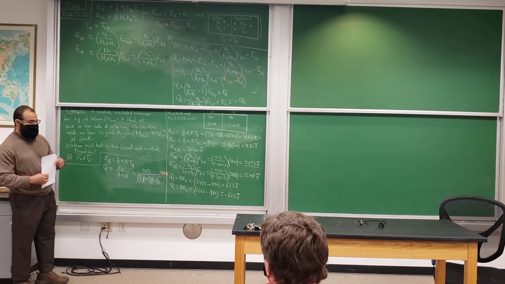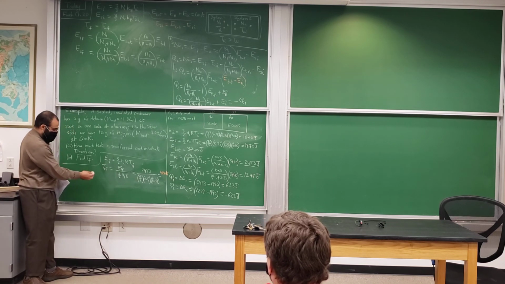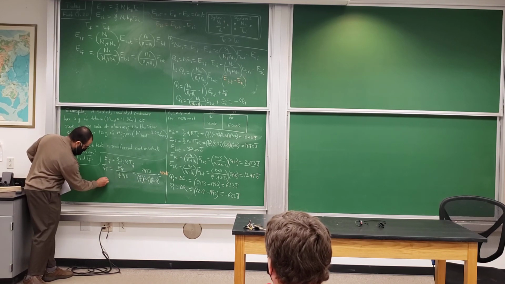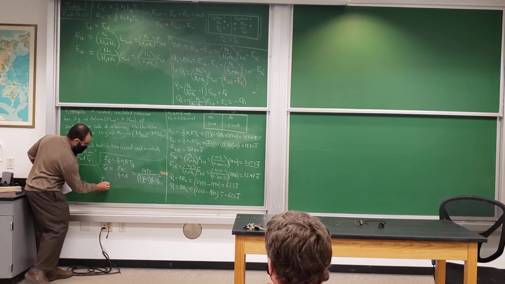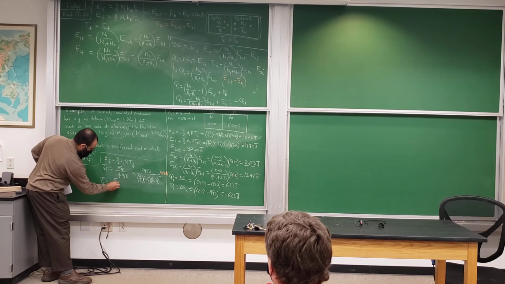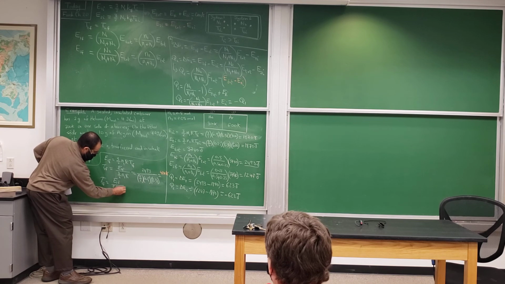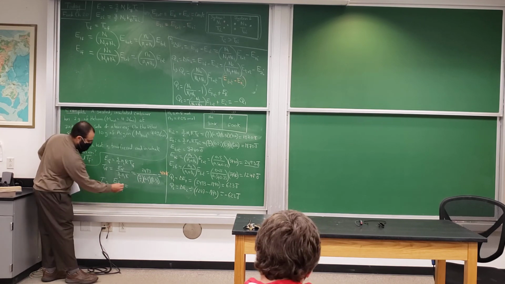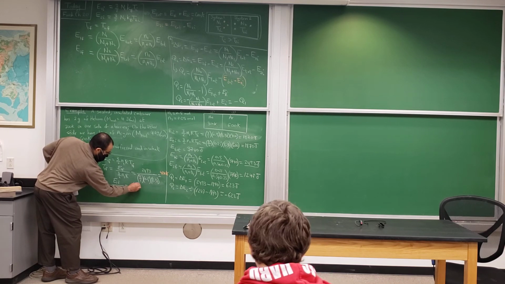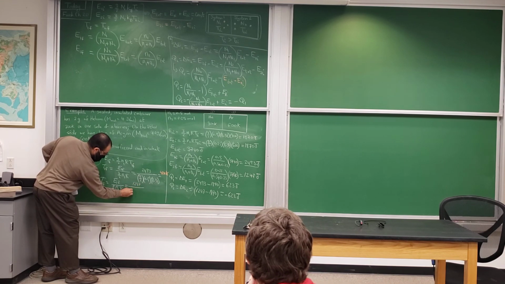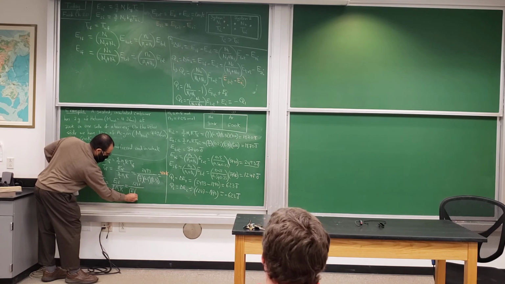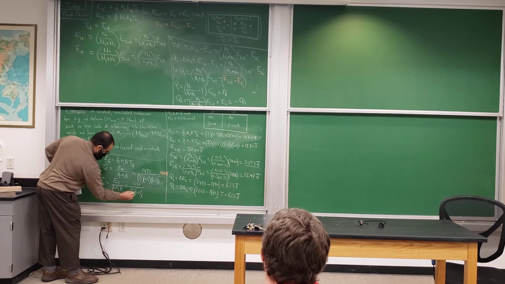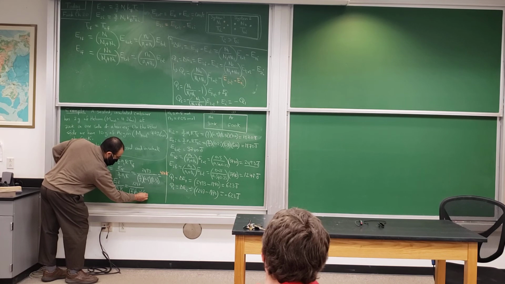If you want to double check for system 2, T2 final would be E2 final over 3/2 N2 R. E2 final was 1247 over 3/2 times 0.25 times 8.31.